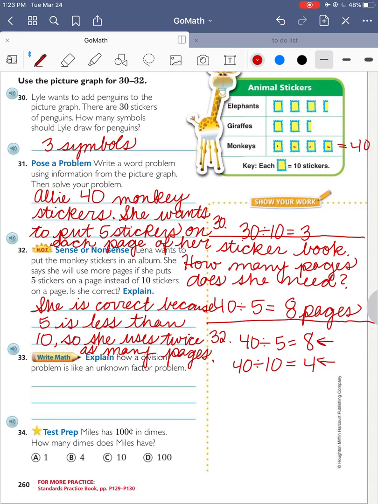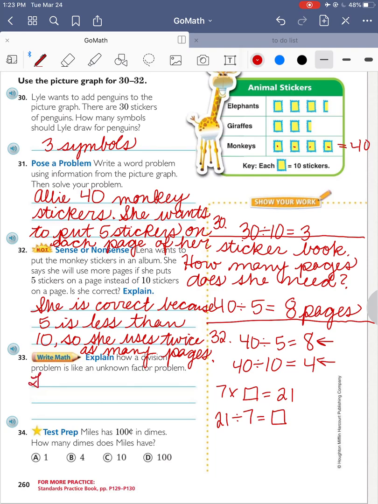Explain how a division problem is like an unknown factor problem. So when we do an unknown factor problem, that's when we have the blank space. So if we did 7 times blank is 21, a division problem would be 21 divided by 7 equals blank.